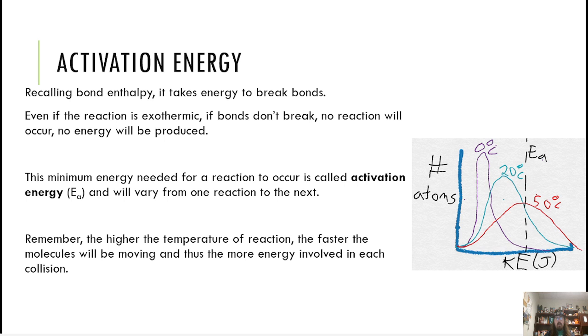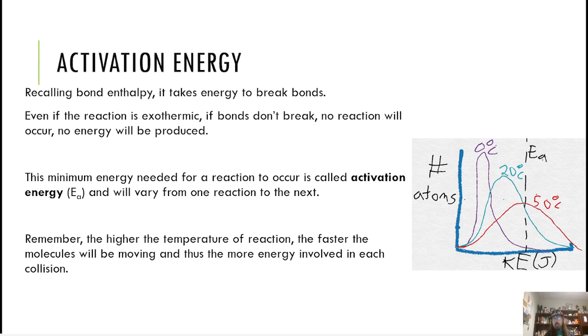But if you remember the distribution diagram of molecules with various kinetic energies based on their temperatures, you can see here, hypothetically, at 0 degrees very few molecules have enough energy to react, so it's going to react very slowly.